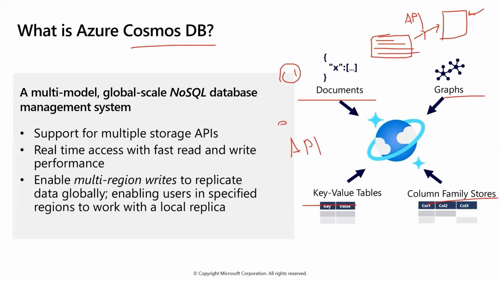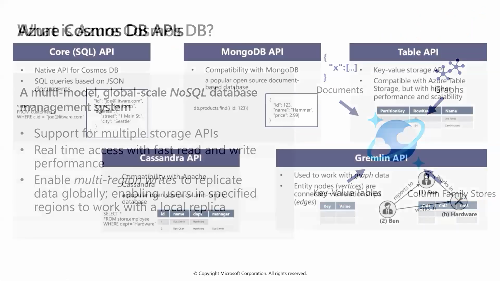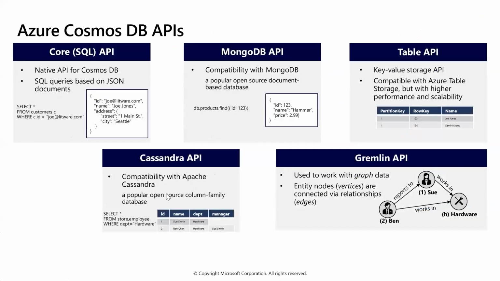The second advantage is interacting with the data residing on Cosmos DB. You can use APIs. You don't have to interact with the Cosmos DB interface directly. So what are the APIs that it supports? There are 5 different APIs that Cosmos DB offers: Core SQL API, MongoDB API, Table API, Cassandra API, and Gremlin API.